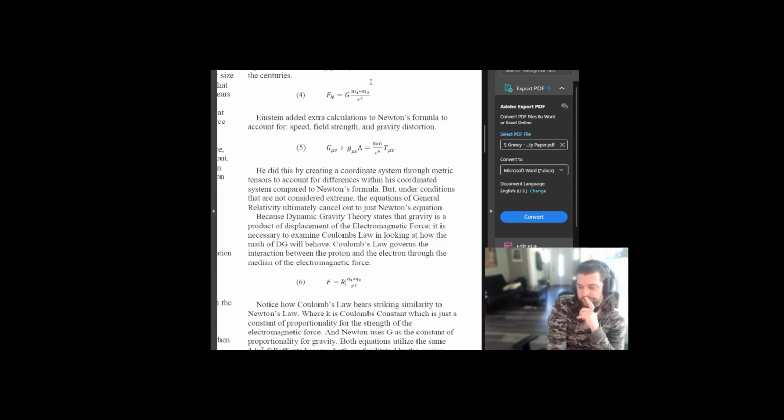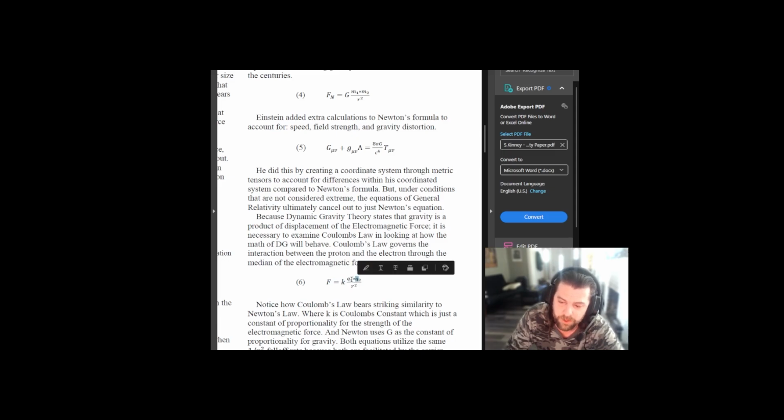I am able to apply my formula because when Coulomb is talking about measuring the charge between electrons or protons, he's doing it based upon the strength of the electron and the proton.